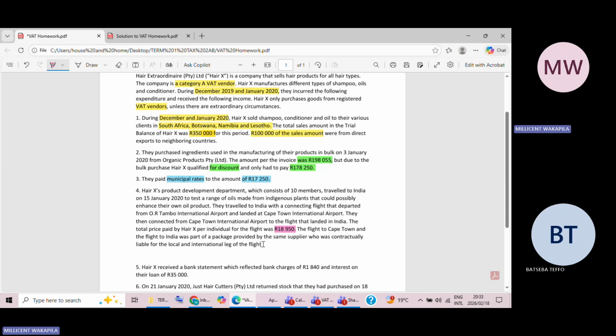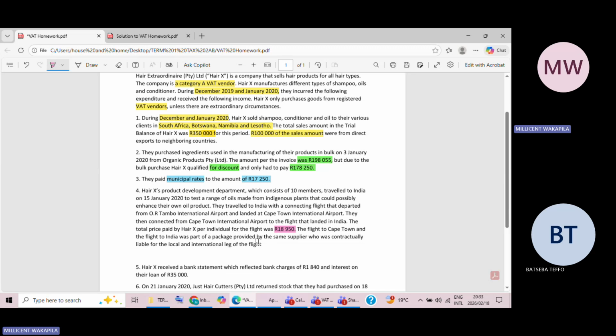And even the fact that they went to Cape Town first, and then from Cape Town they went to India, it doesn't discourage the fact that this is an international flight, and there is no VAT on the calculation of international flights, right?